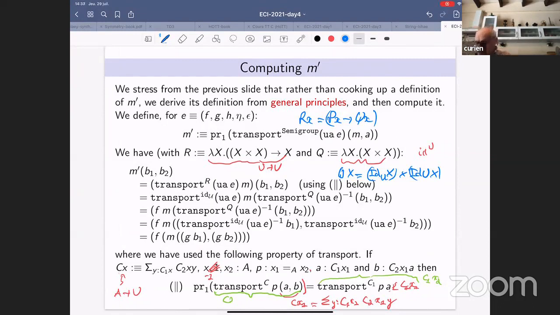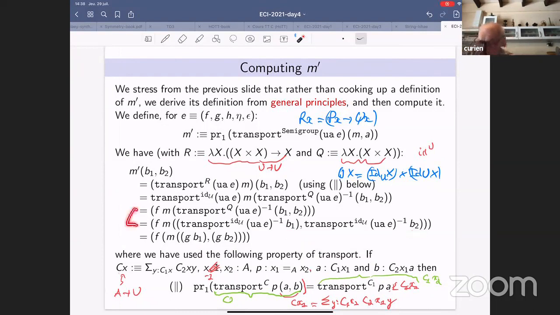So this is x. So there is another lemma which says that if you transport relative to a pointwise product family, the result will be a pair of the transports relative to the two component families. So we can decompose this Q here into id_U and give B1 to the left one and B2 to the right one.